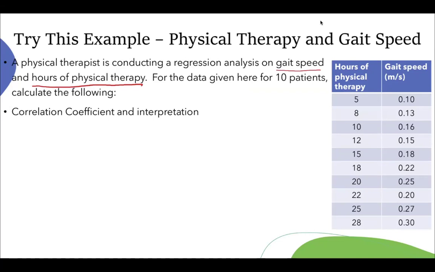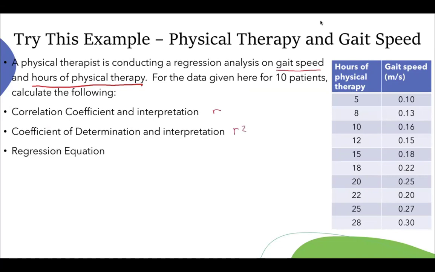We're going to find the correlation coefficient and give an interpretation, that's R. We're going to find the coefficient of determination and give an interpretation, that's R squared. We're going to find the regression equation, that's y equals ax plus b. We're going to graph the scatter diagram and equation on our TI-84s.